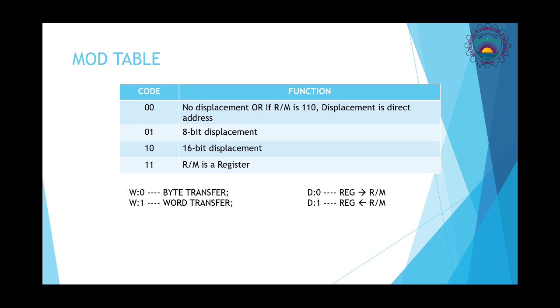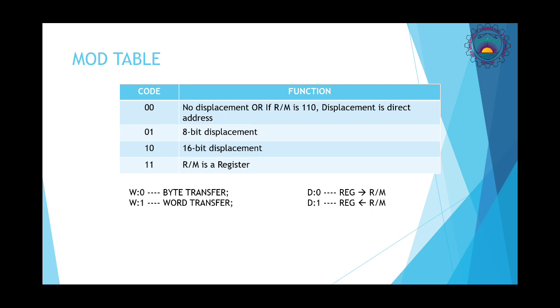After that table, here in this slide you are having W bit and D bit. W bit shows how many bits are transferred from one location to any other location, or how many bits are manipulated during the operation of this instruction. So W is 0 for byte and W is 1 for word. Then there is D bit.